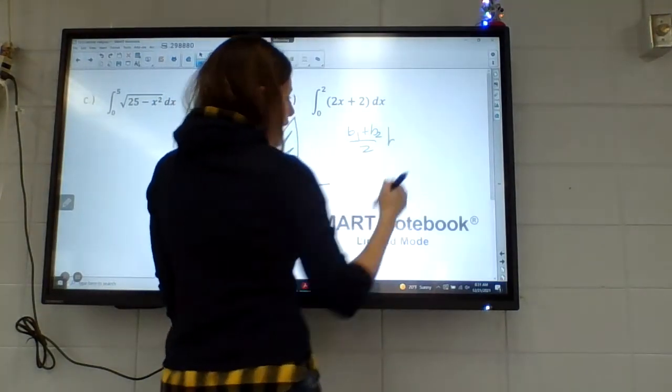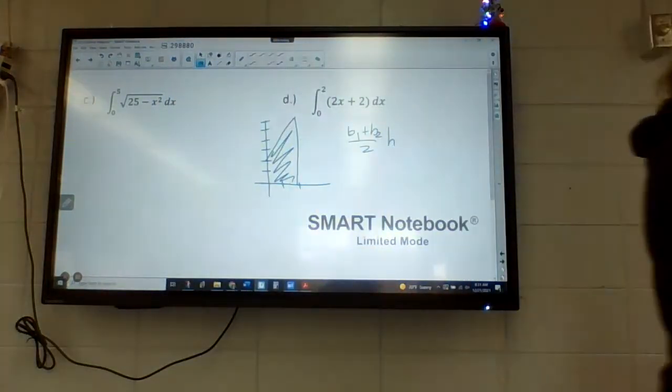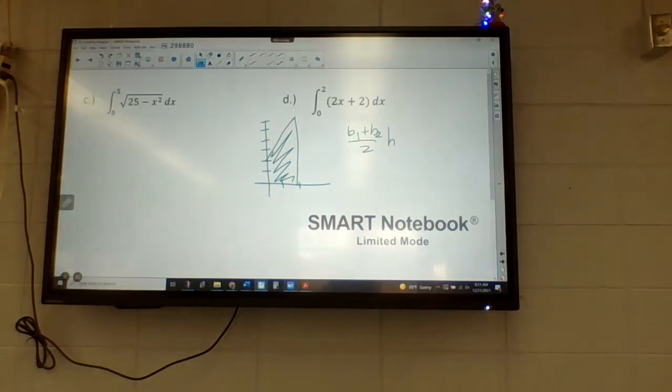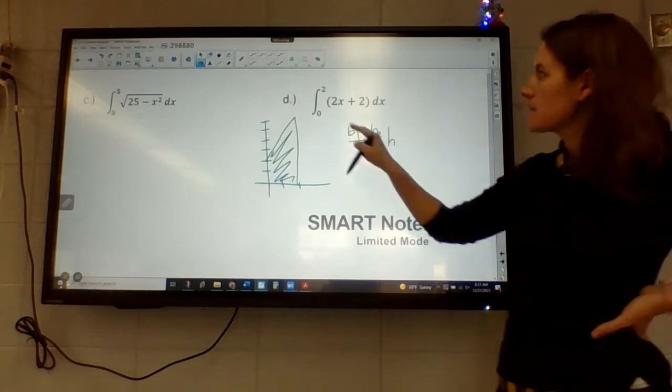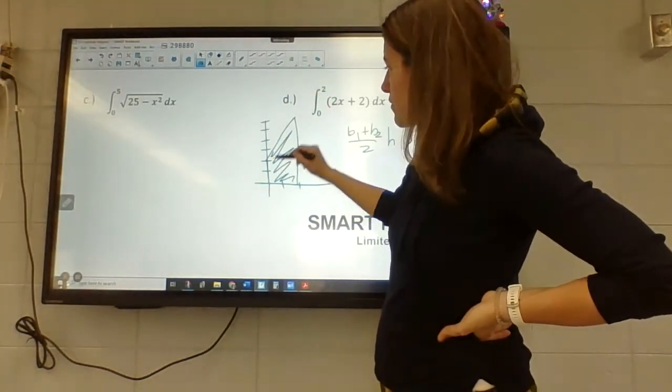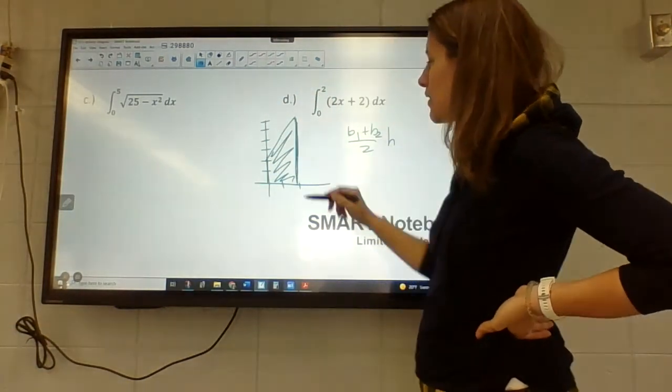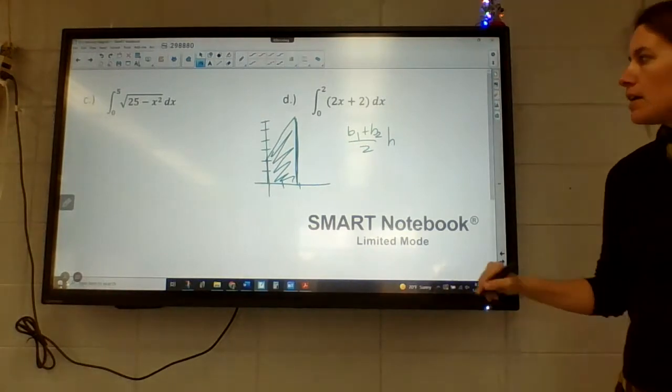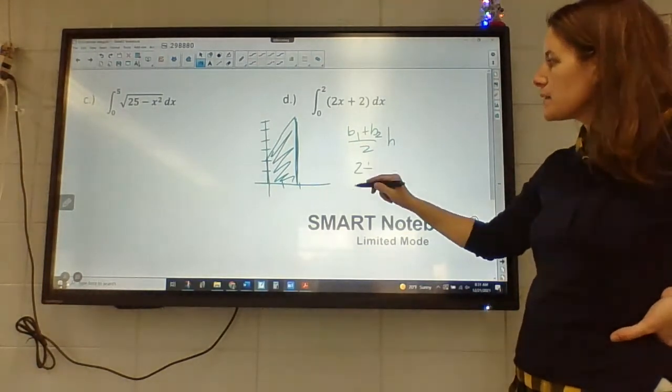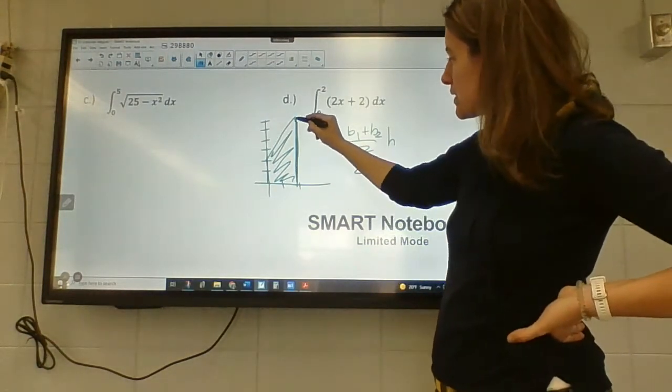However, careful that the bases are not always on the top and the bottom. The bases are the parallel sides. So in this case, the bases go on each side here. So this is a base, and then that's our other base. So we have 2 plus, this one goes up to 6, right?